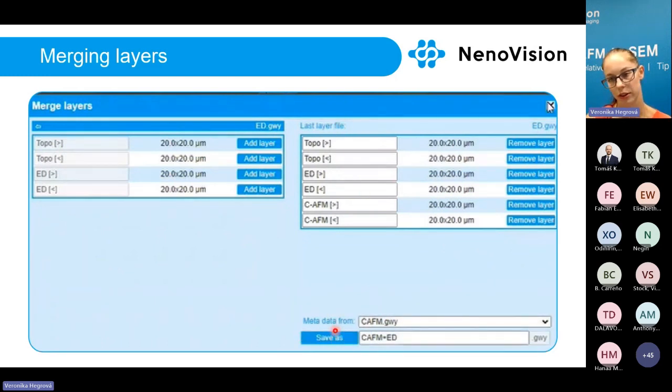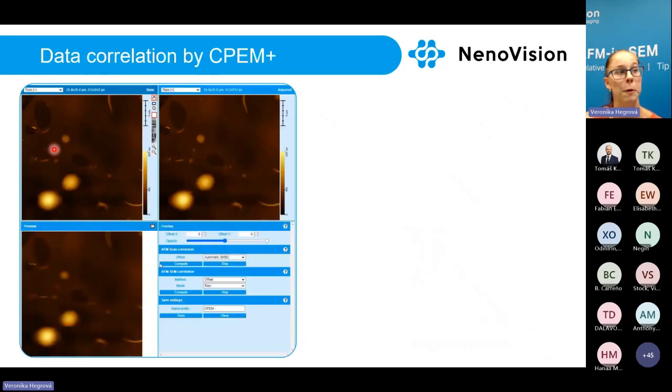And you get all the channels into one file, and you can work with it in one file. This is the case when you need to measure several times in a row, so you don't have it in one single measurement, but as well, many things are possible to measure in a single measurement. So this is the way how it can be done.